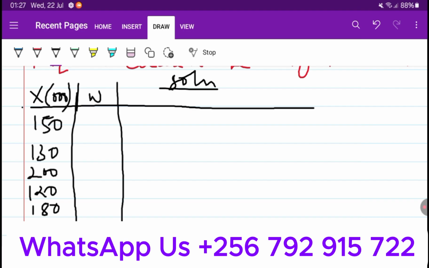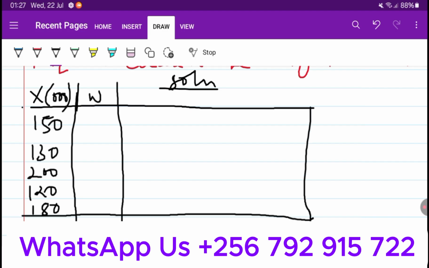Then you bring here the weights, because here we are going to get, they have given us the weight. Here is 8, 6, 5, 2, and 3.